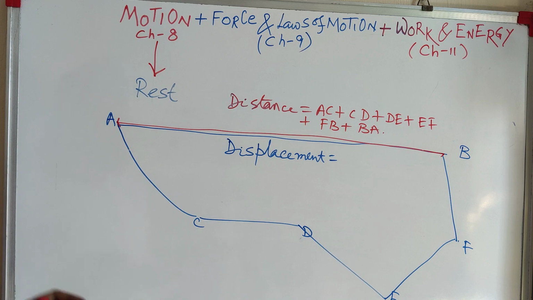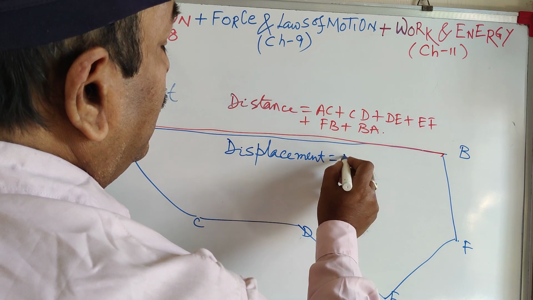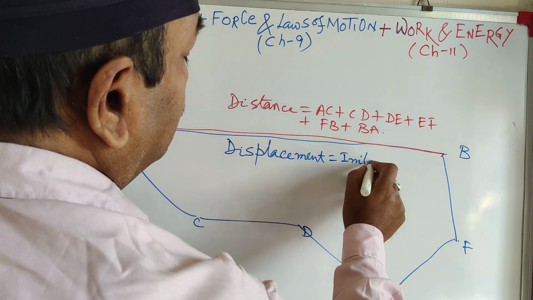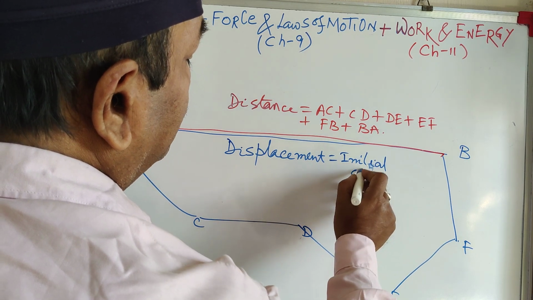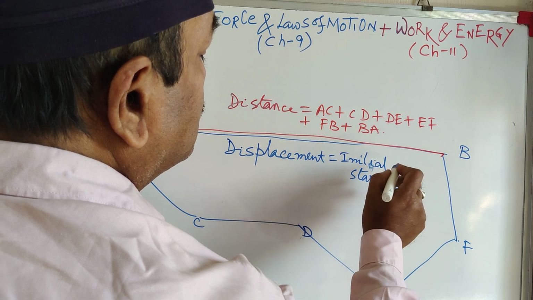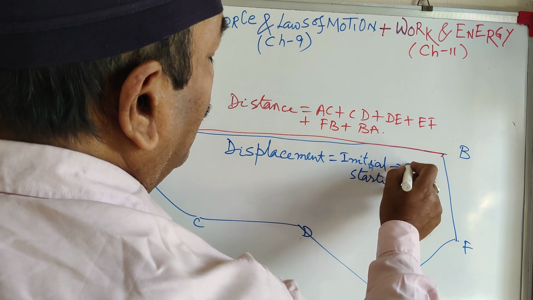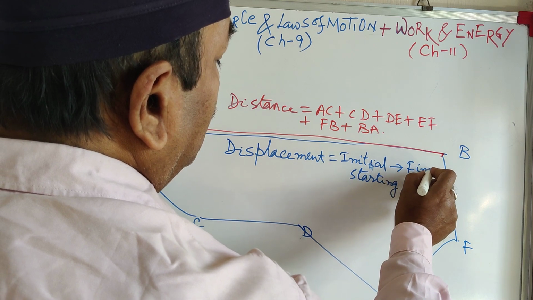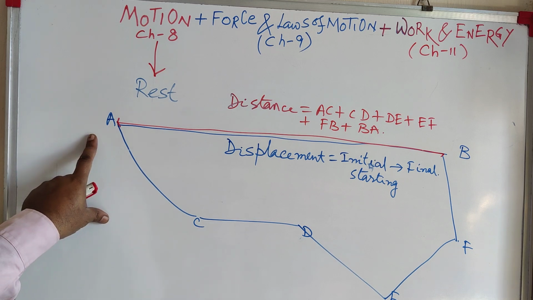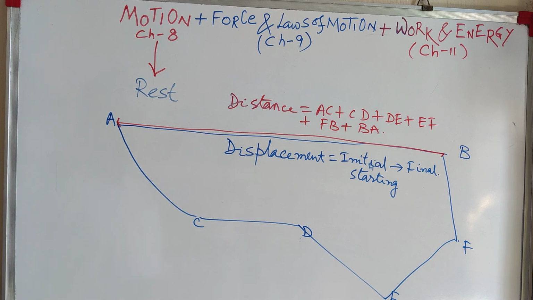Displacement means from the initial place. Initial means starting. Initial to final. Here, in this case, the initial point was A and the final point is also A. So what is the displacement?